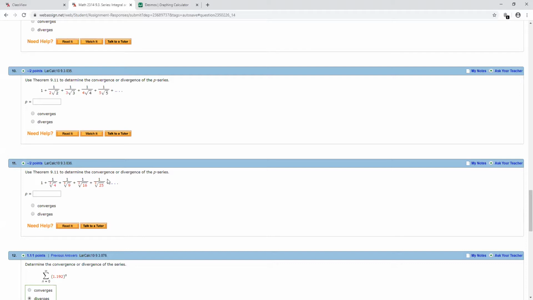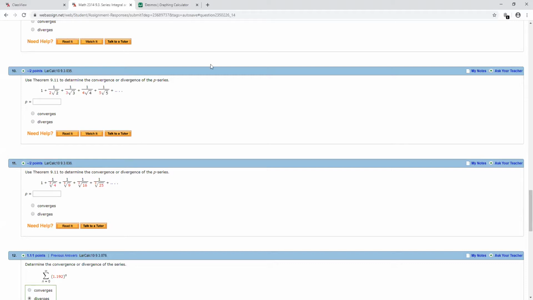And notice these are all cube roots. Okay, so I wrote it down.